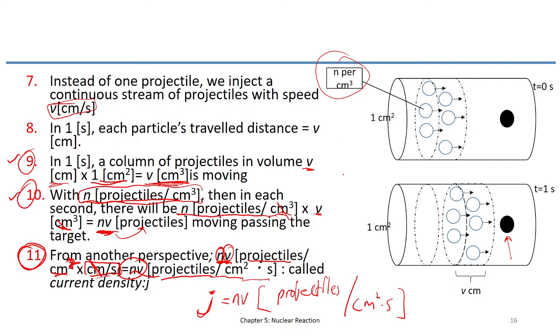So in the cylinder, in 1 second, nv is the number of projectiles moving. Number 11 is different to number 10. The meaning is still the same, but the generality: the product of n with v is what we call the current density.